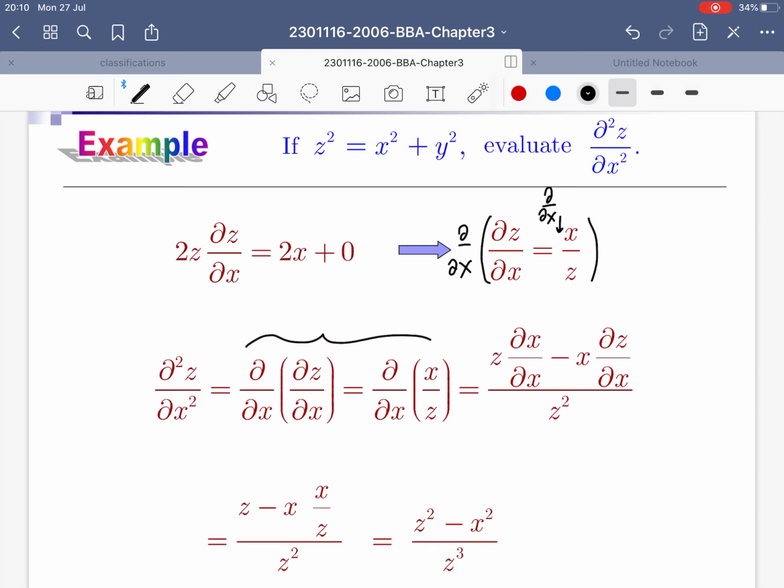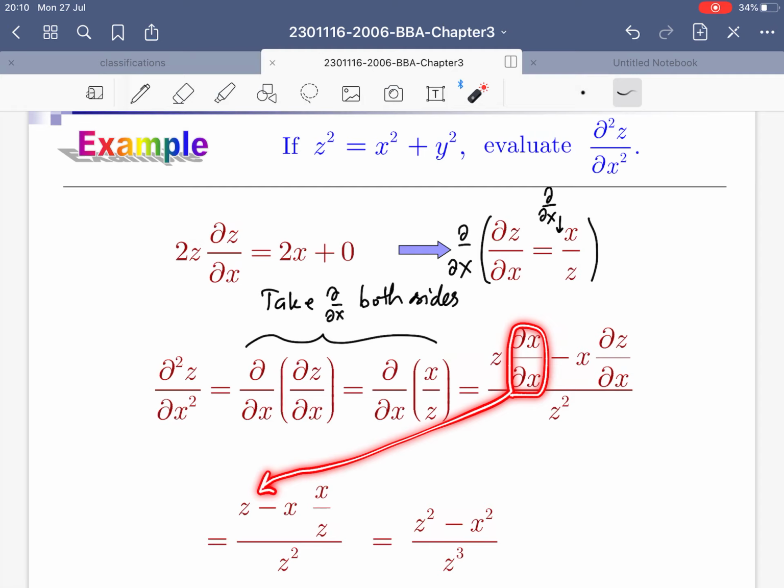At this point, you take the derivative with respect to x on both sides of your relation. So you get the bottom times the derivative of the top minus the top times the derivative of the bottom, over the bottom squared. So this one, dx by dx, is simply 1.